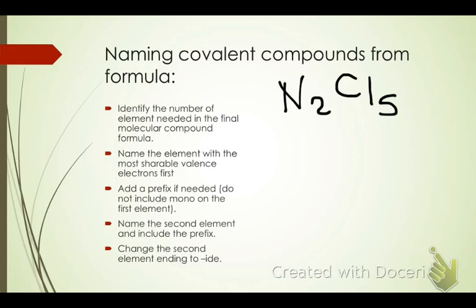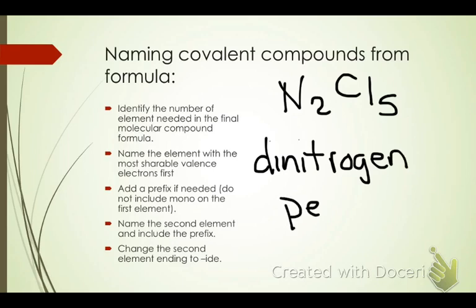So unlike ionic compounds where you don't indicate the number, with covalent compounds we have to indicate the number of atoms, because you can form much larger compounds by just repeating units of it. So in this case, nitrogen has a 2, and so that becomes dinitrogen. And chlorine has a 5, so that becomes pentachloride.